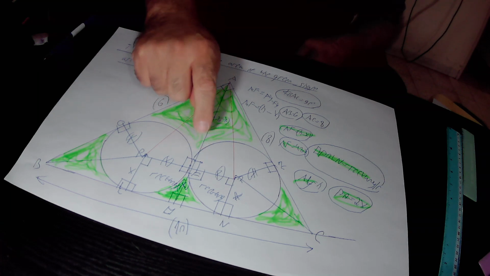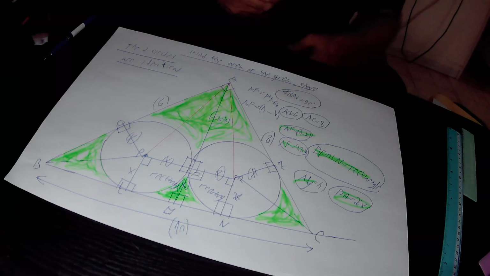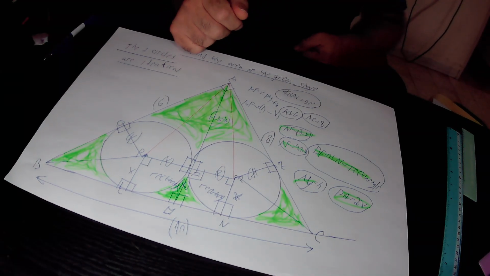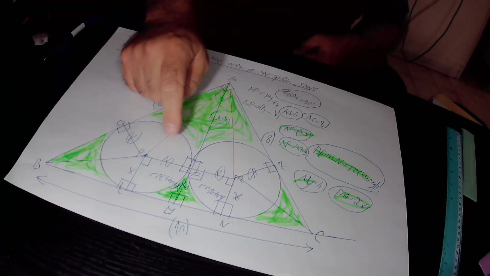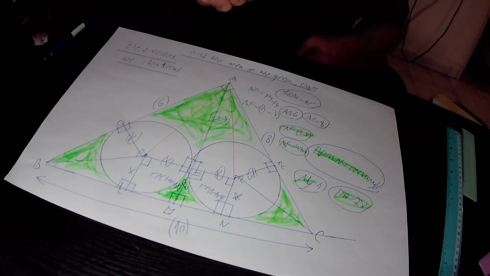Repeat again, AF is the height to the base PQ of the small triangle APQ. The area of this small triangle APQ must be equal to the base PQ times the height to the base AF over 2.